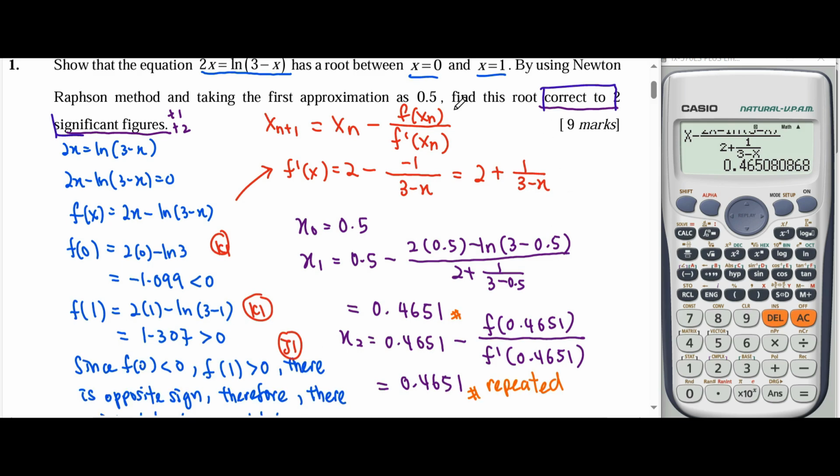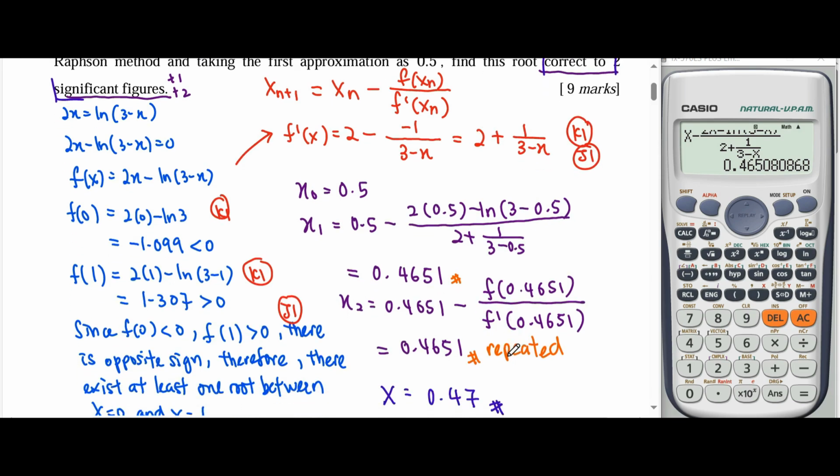And then we go for the Newton-Raphson formula. Of course, we need our first derivative function. So differentiate your function correctly. Once your differential function is wrong, it means your whole Newton-Raphson method concept will be out of the scheme. So it will not be accepted.